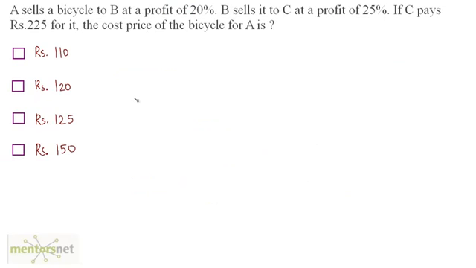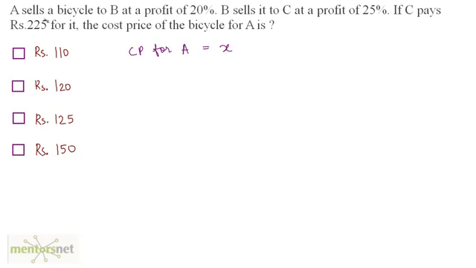A sells a bicycle to B at a profit of 20%. B sells it to C at a profit of 25%. If C pays 225 rupees for it, the cost price of the bicycle for A is. Well, let us assume that the cost price of this bicycle for A is X rupees.